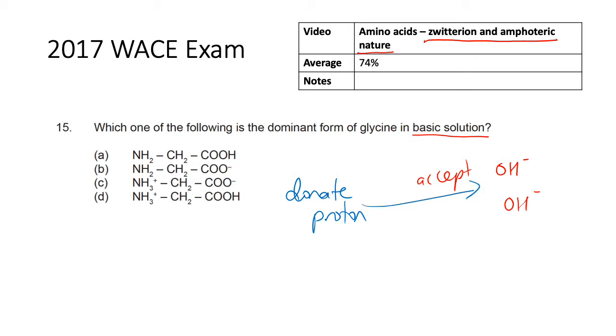Which one has donated its proton from the zwitterion form? This one is in fact the zwitterion form, so it's not that one. Which one has one less proton? It's this one here, B. Remember, in basic solution, there's lots of OH minuses. Zwitterions donate protons. In acidic solution, there's lots of H3O pluses, and therefore the zwitterion will accept protons.